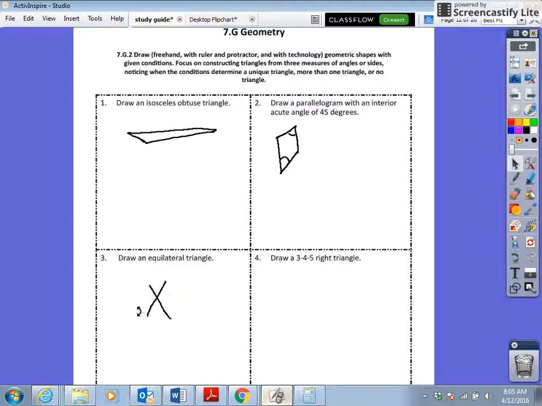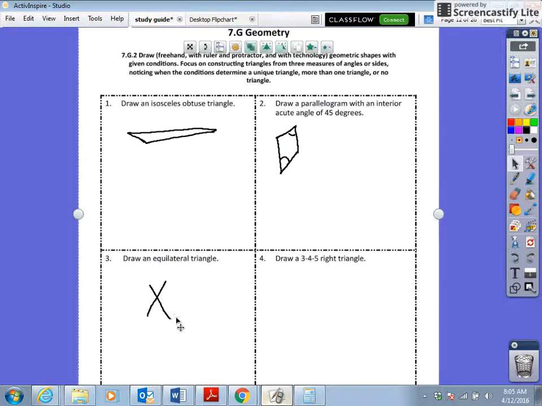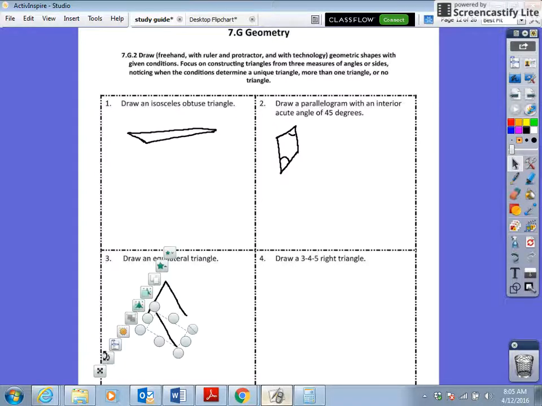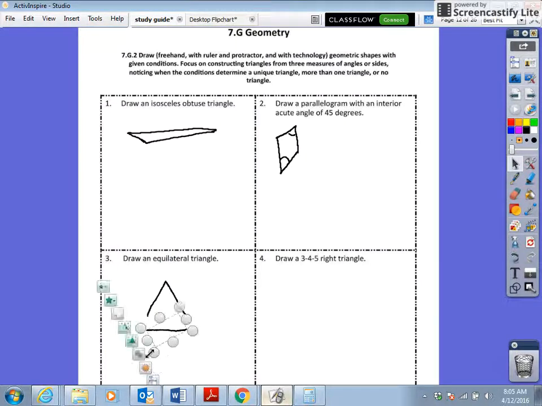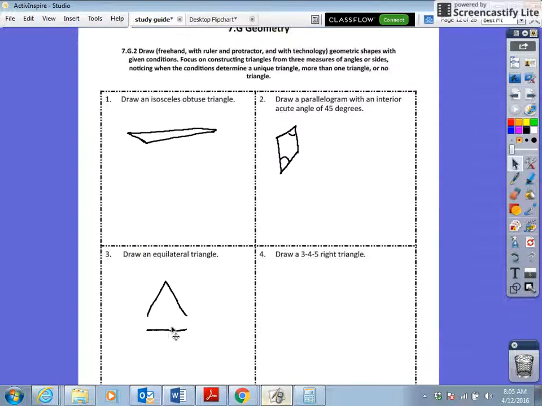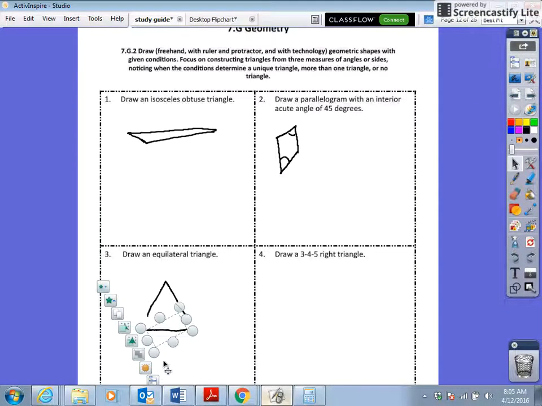Look at that. So that's the same. And then I'm going to duplicate that one, move it over here, and rotate that. And when I do that, they are all the same. They're equilateral.